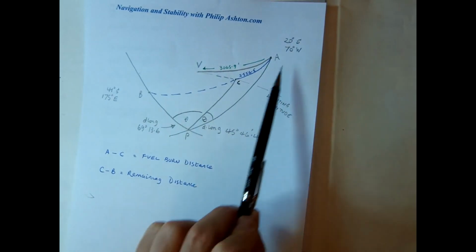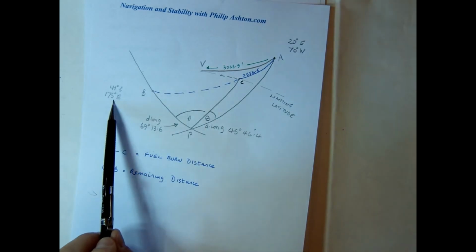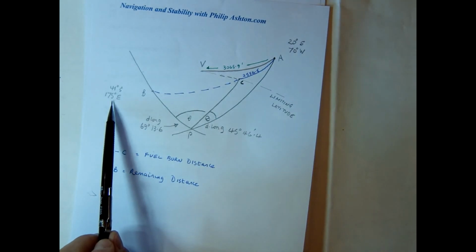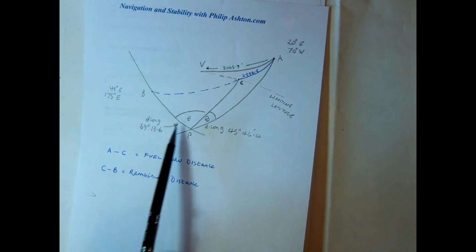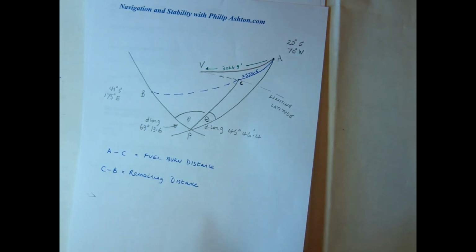Of course you could just get 70 west to 175 east, get that total d long, subtract this value from it, 46.4, and you'd find that that was 69 13.6.